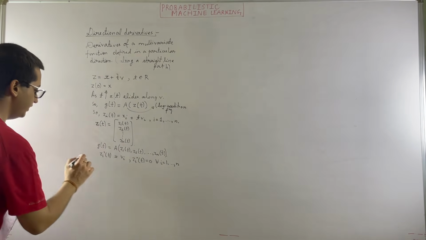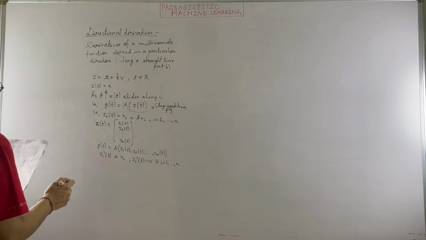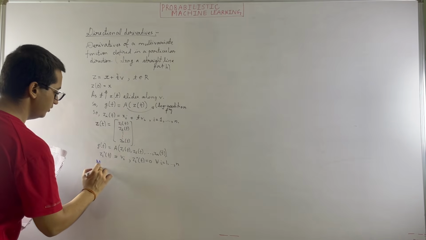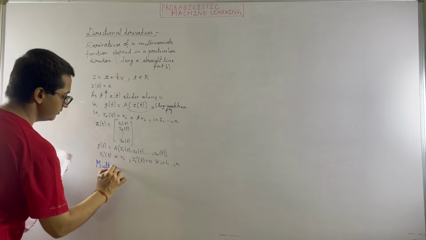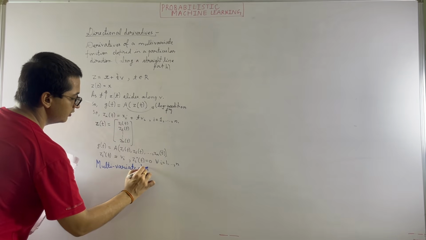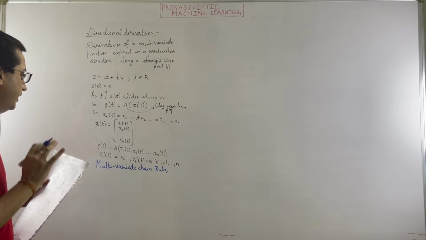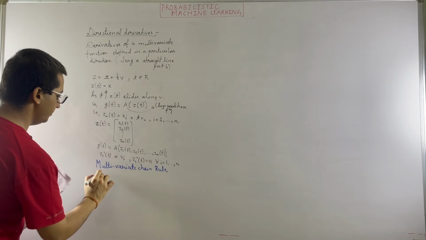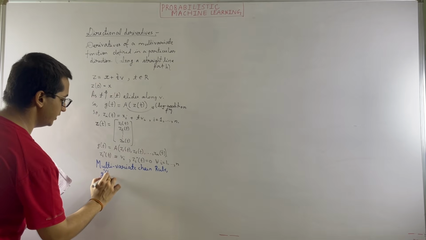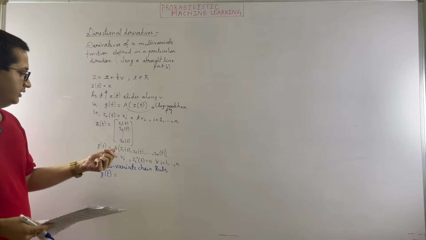Now the multivariate chain rule, what does it state? If I have to write it down, you tell me, how can I write the derivative g dash of t?